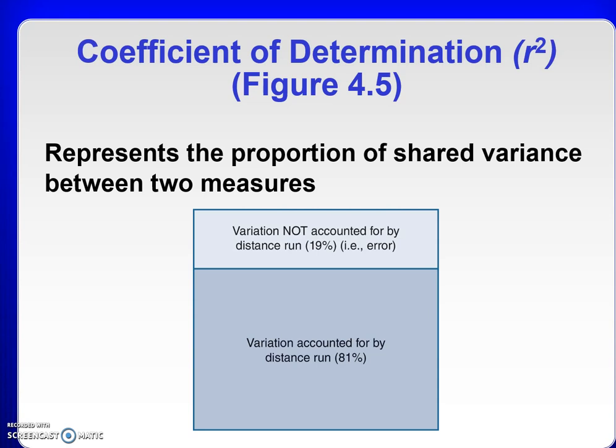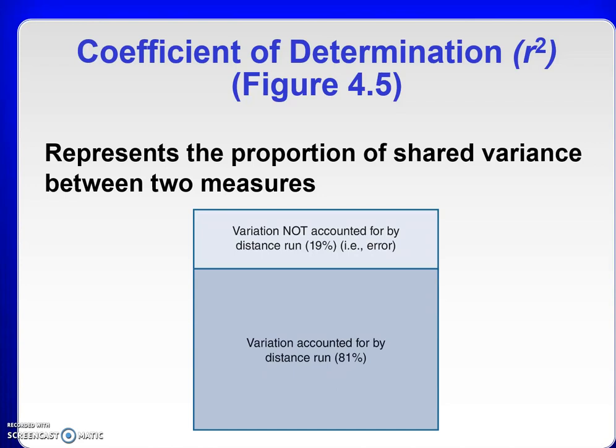So as we talk about correlation coefficient, we also need to discuss the coefficient of determination, which is just the correlation coefficient squared. And this actually represents the proportion of shared variance between two measures. So you take your correlation coefficient, you square it, and it will give you a percentage or a proportion of the shared variance between the two variables.